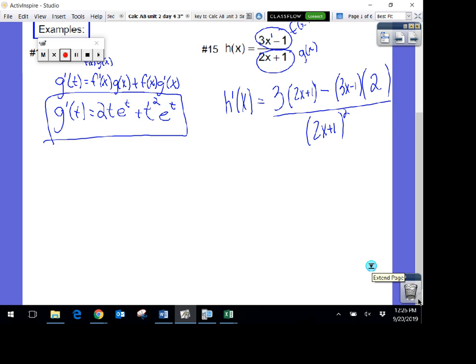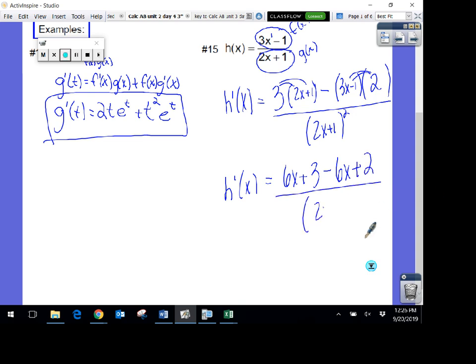Now, we don't ever have to square that denominator. You can if you want. There's nothing wrong with that. But the numerator we do need to clean up a little bit. We need to distribute this. We need to distribute that. That minus goes to everything. So h prime of x, 6x plus 3 minus 6x plus 2 over 2x plus 1 squared.